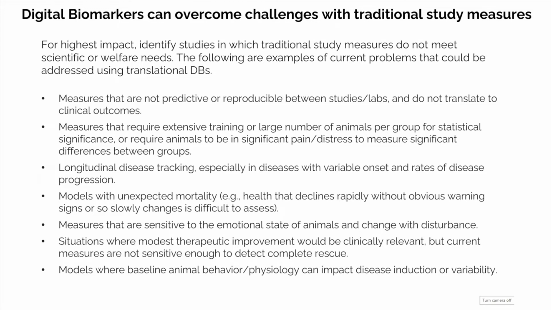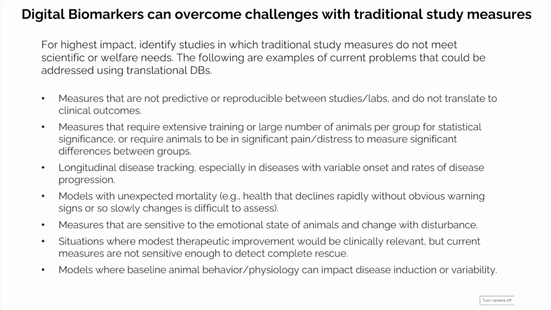Arthritis, as many of you know, caliper measurements is a traditional way of knowing whether or not your animals have been induced with arthritis. That requires extensive training and there's a lot of variability between measurements for different animals and for different experimenters.